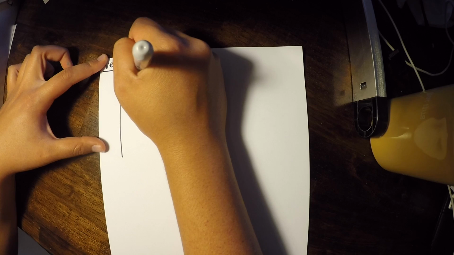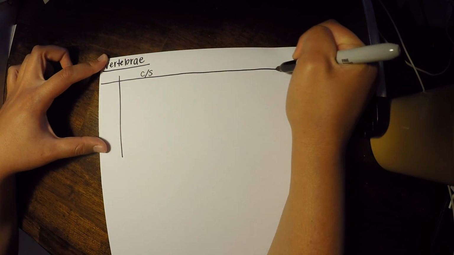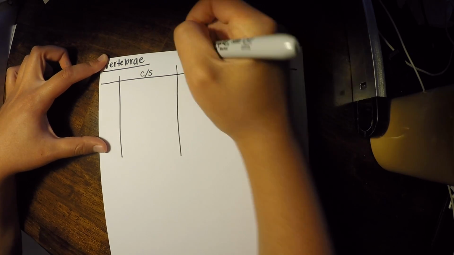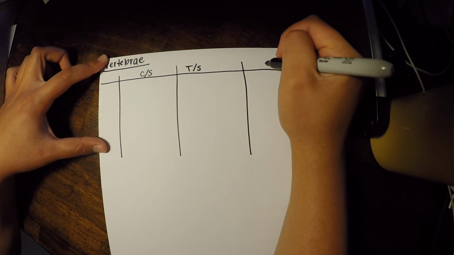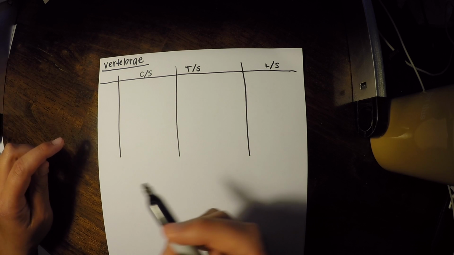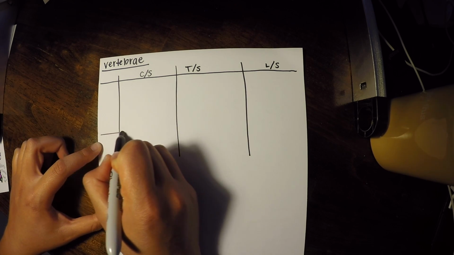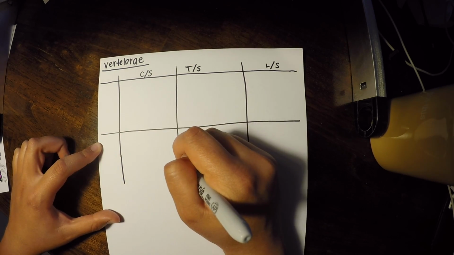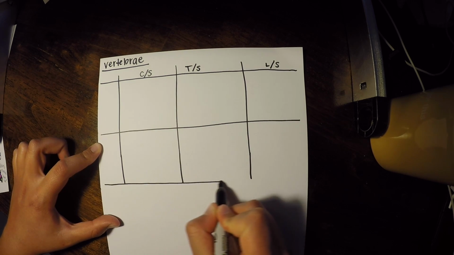So we're going to be talking about our cervical spine, our thoracic spine, and our lumbar spine. Those are abbreviations at the top. And then we're going to draw 2 different views of those vertebrae in our little chart that we've created here.